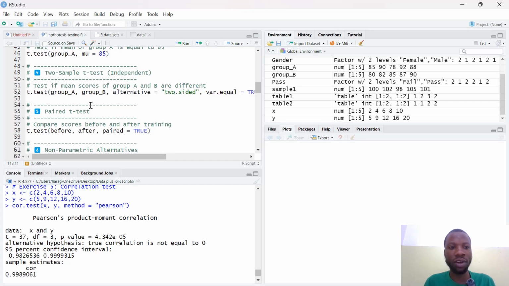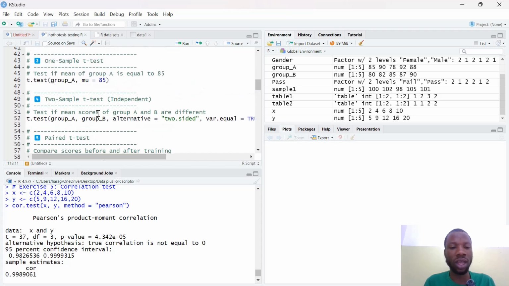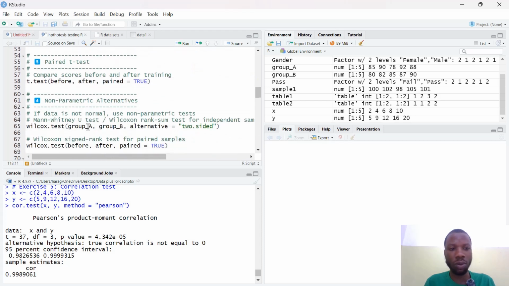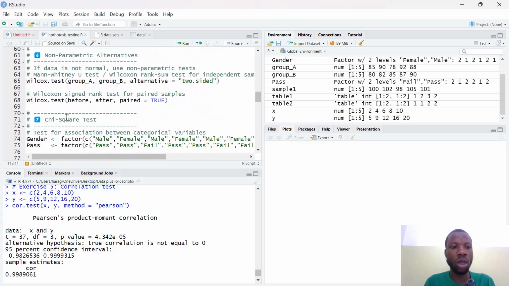The non-parametric test is used where the data is not normally distributed. If you run Shapiro.test and you see that the data are not normal, it will guide you to the non-parametric testing.